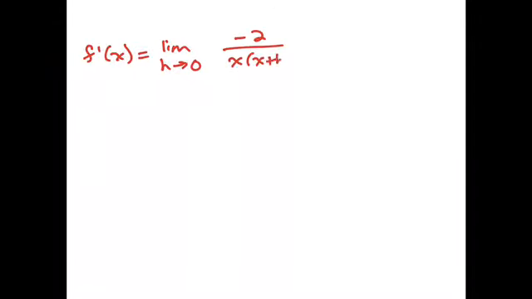So the derivative is the limit as h goes to 0 of -2 over x times x plus h, which would just be -2 over x squared after we substitute the 0 in for the h.